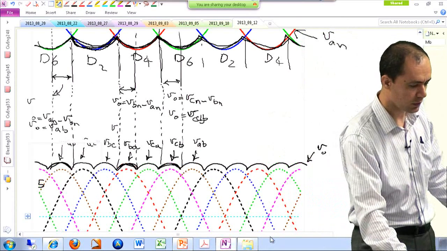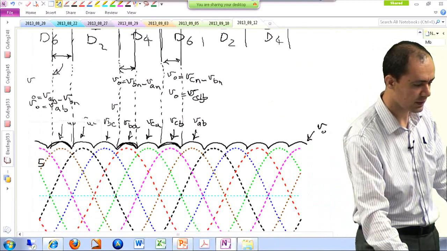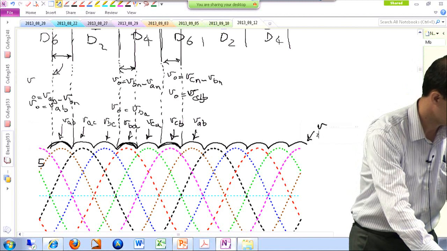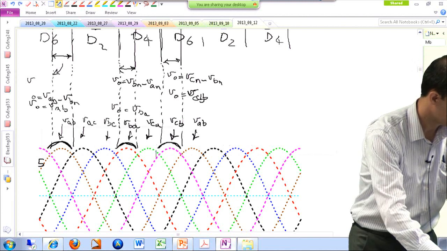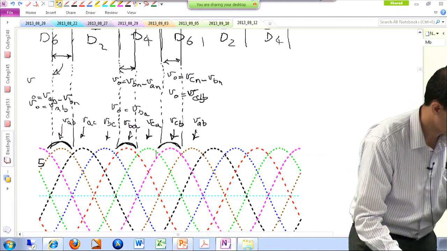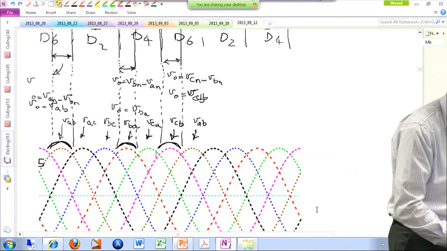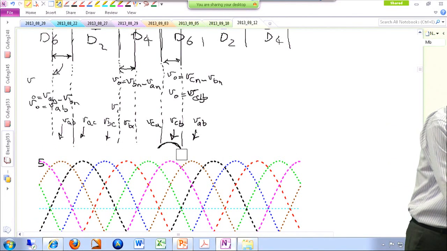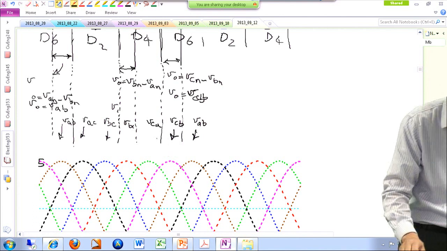You know, if you compare it with all the single phase rectifiers that we have had, oops, something happened here. I don't know why this thing moved. Let's just erase it a little bit and then do it again. Uh-oh. Okay.